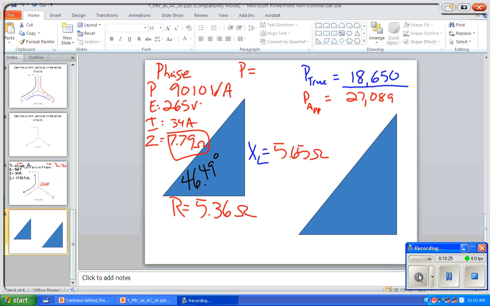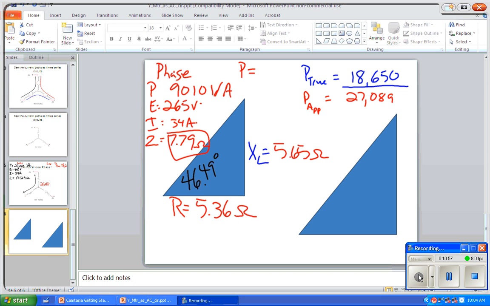Now, why do we want to find that? Oh, because we'd like to power factor correct this thing, wouldn't we? So what we know now is if we use this motor as it is, we'll be paying for 30,000 VAs for about 19,000 watts. In other words, it's going to be about what? 67% efficient?